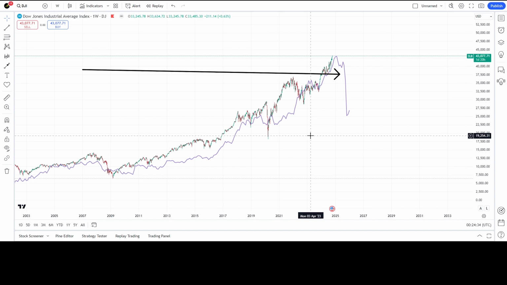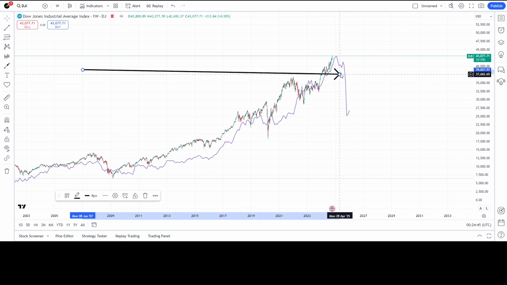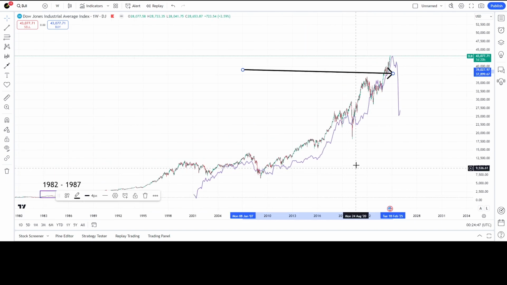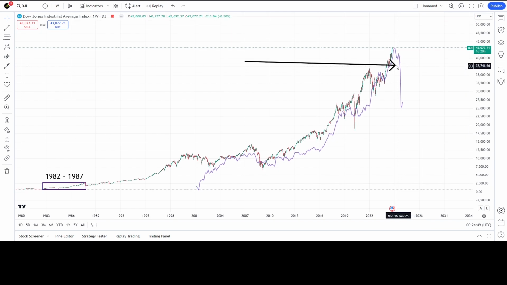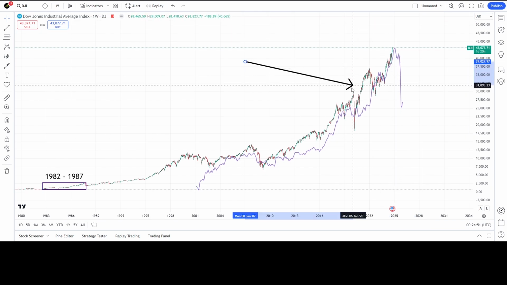The way they play out, there are a lot of commonalities between peaks, but it's really the Wild West many times, especially when trying to predict something. So that is the 1982 to 1987 fractal compared to what is taking place.